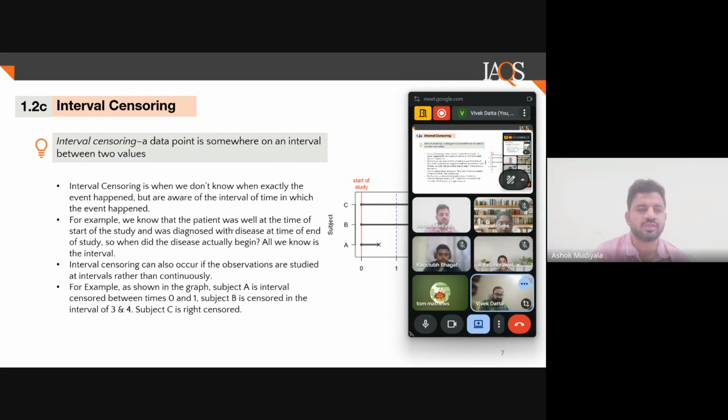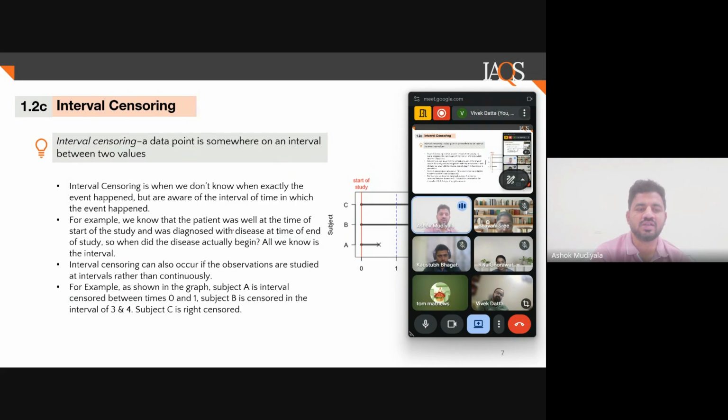So, interval censoring: a data point is somewhere on an interval between two values. Interval censoring is when we don't know when exactly the event happened, but are aware of the interval of time in which the event happened. For example, we know that the patient was well at the time of start of the study and was diagnosed with disease at the time of end of the study.